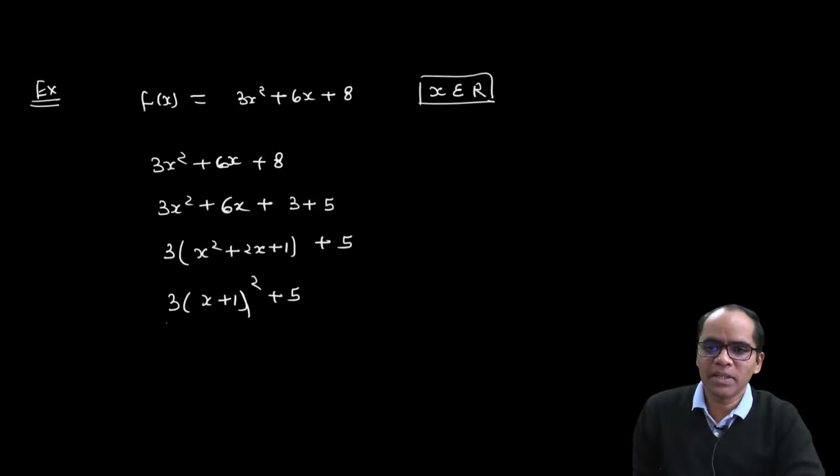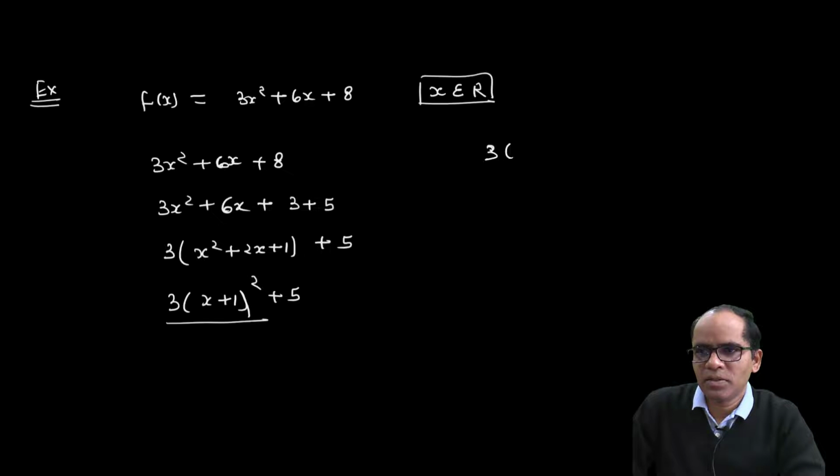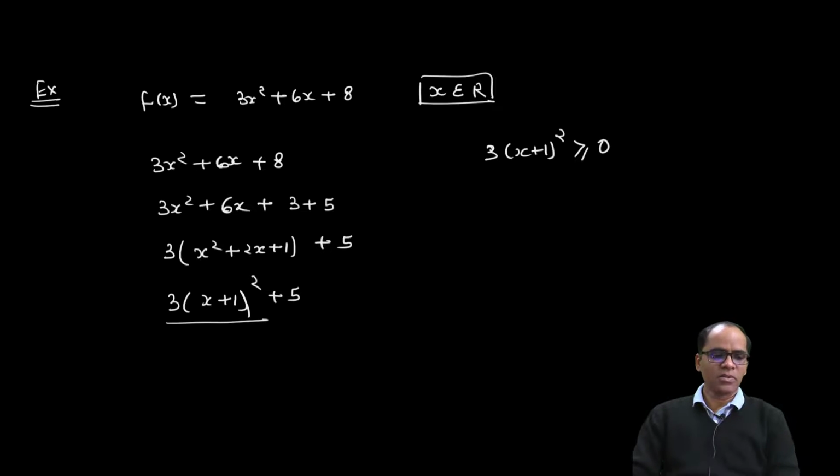So here the variable term is what? (x plus 1) whole square. So we take this value, 3(x plus 1) whole square, and compare it with the inequality greater than equal to 0, okay.